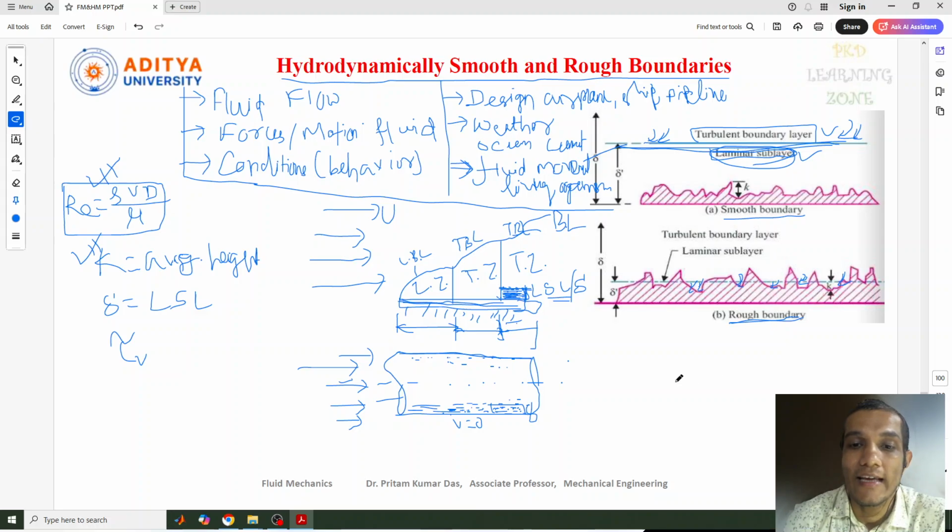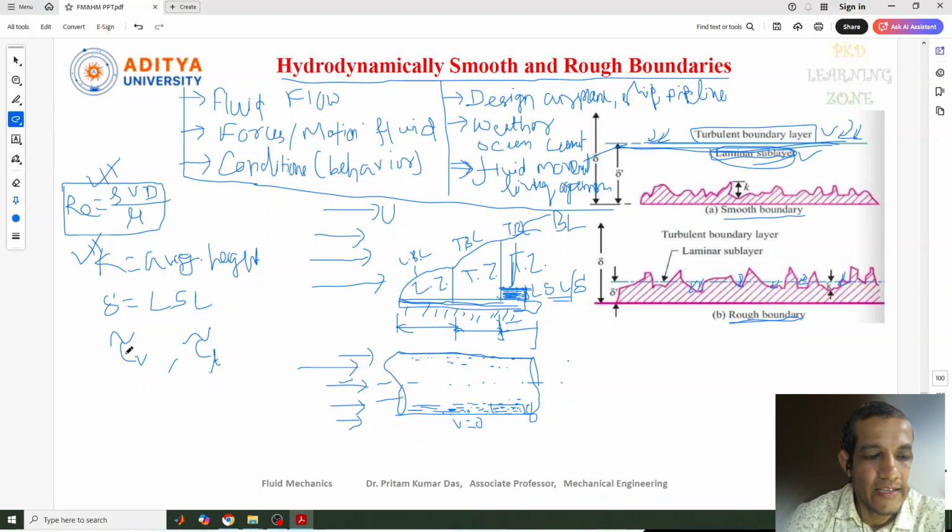While above that zone, turbulent effect will be there. That means the other one is shear stress with the effect of turbulence.